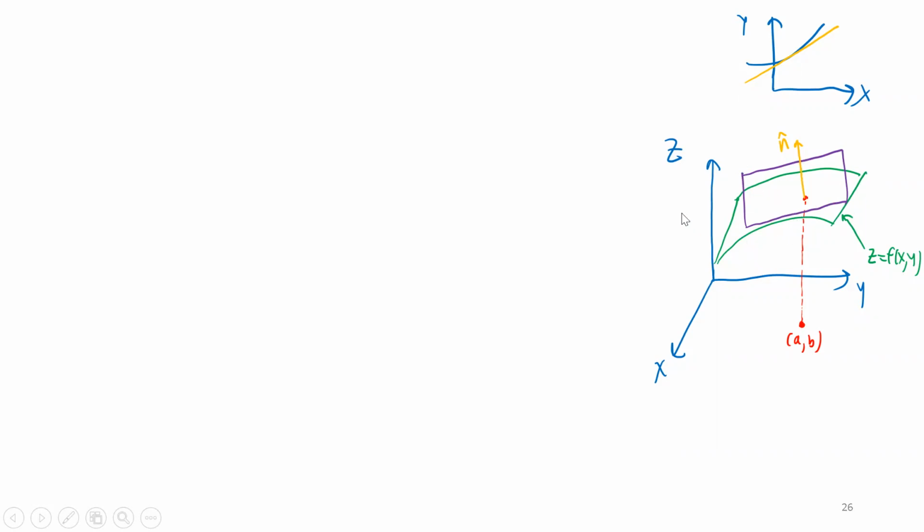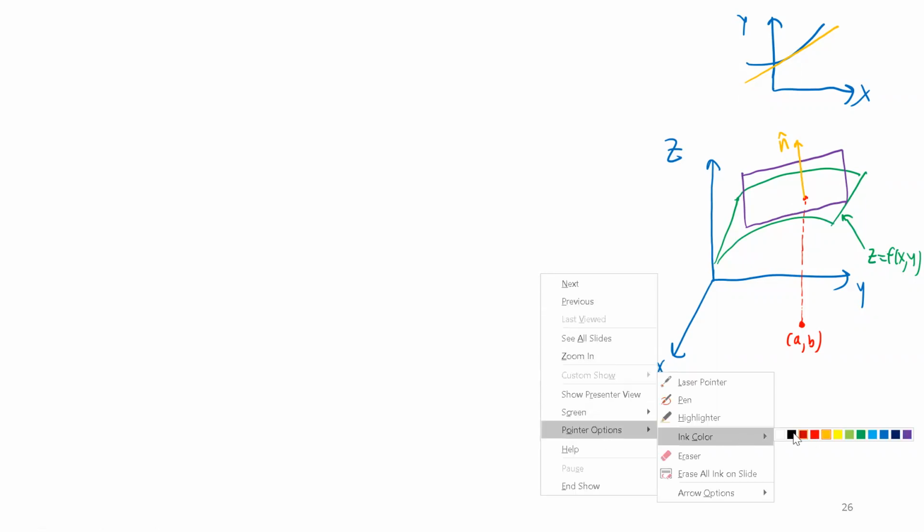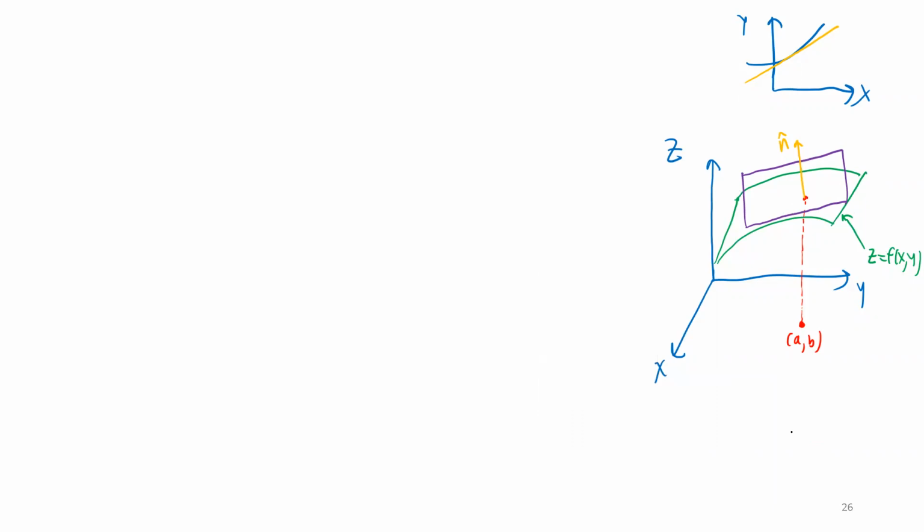Remember what we learned in chapter 3: how do I find the normal vector for a curved surface? You might still remember that we define a function g of x, y, which equals z minus f of x, y.